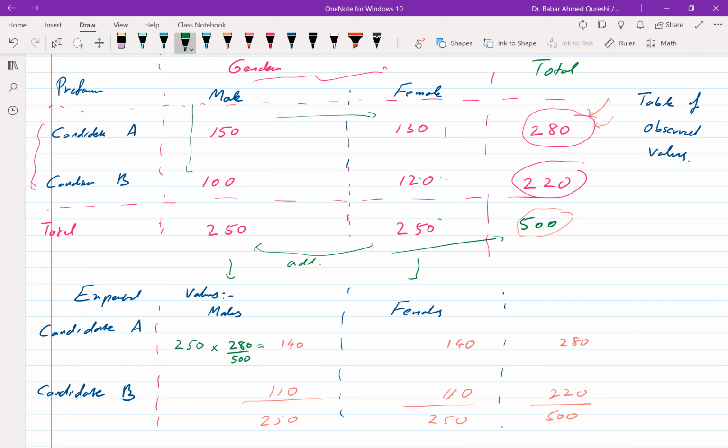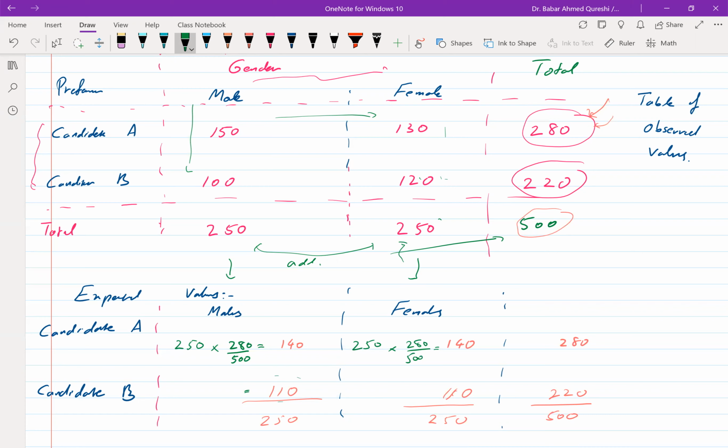And if you do this, you get 140. Similarly here, this is the probability, and I multiply it with the number of females in the data, which in this case is again 250, and I'll get 140.